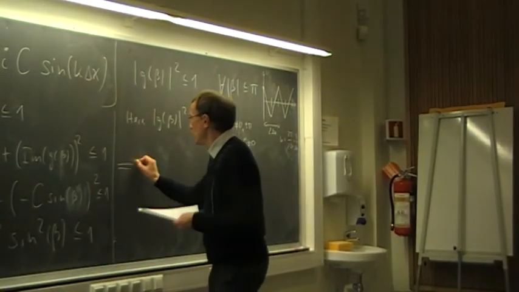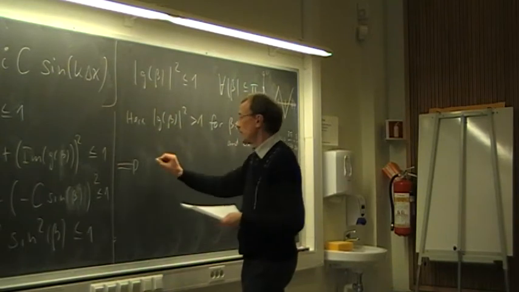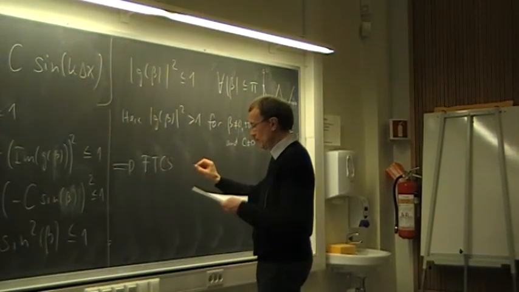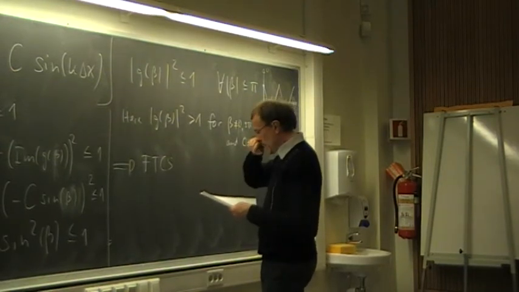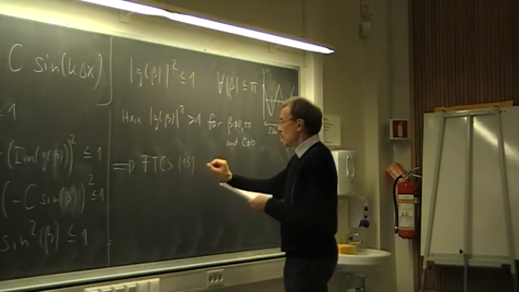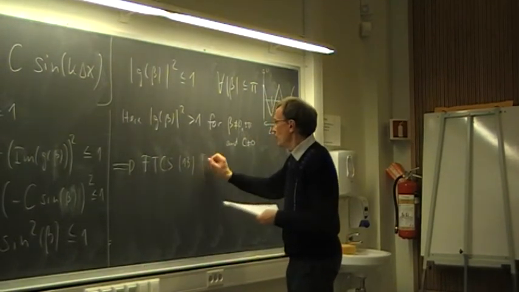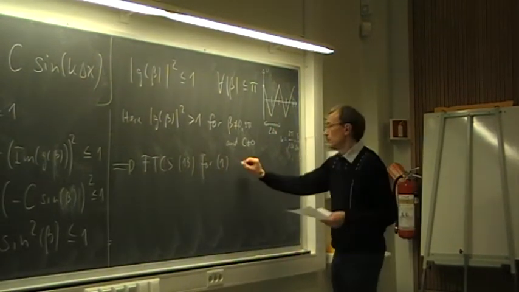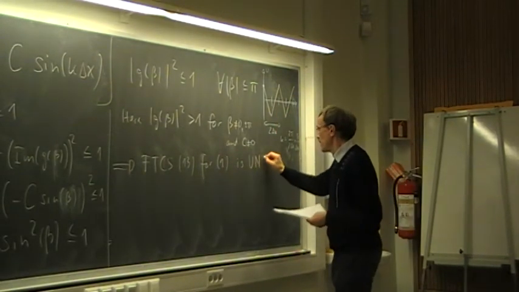So from that, we can conclude that the forward time centered space scheme that we considered, that was I think number 13, for the linear advection equation is unstable.